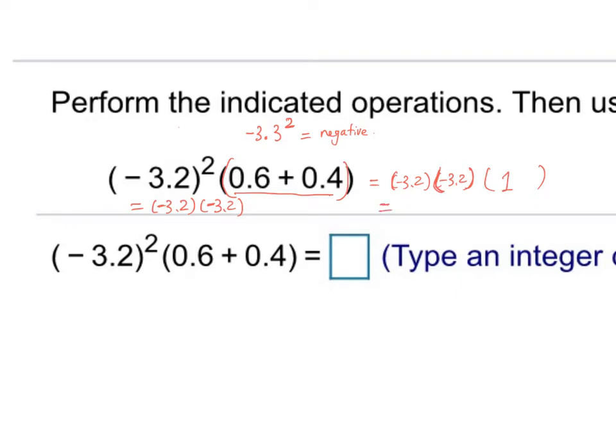So this is the same as 3.2 times 3.2, because there are two negative signs, which will turn out to be a positive sign. So after 3.2 times 3.2, it should be 10.24. So this is all about the order of operation. Please ask if you have questions.